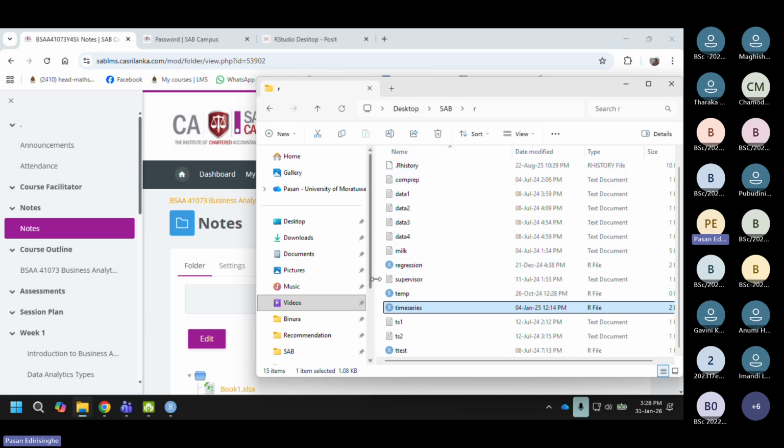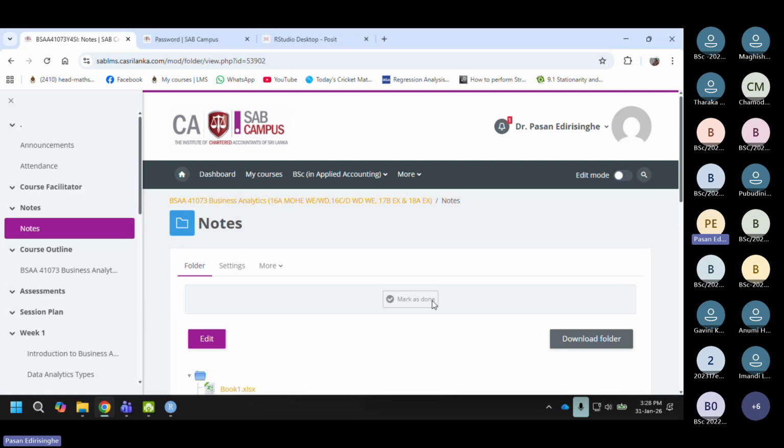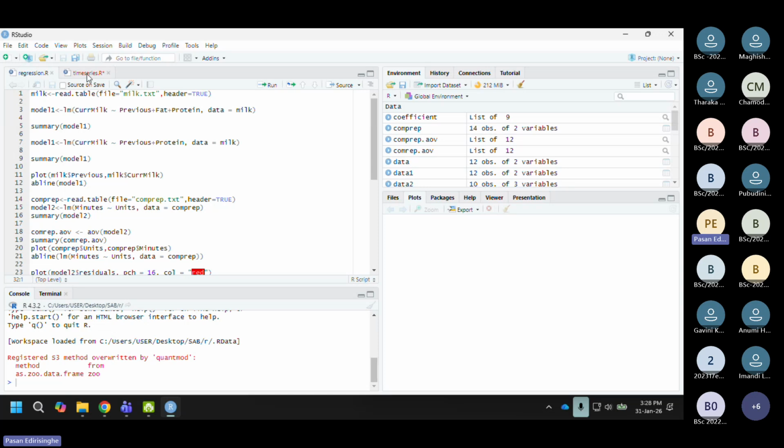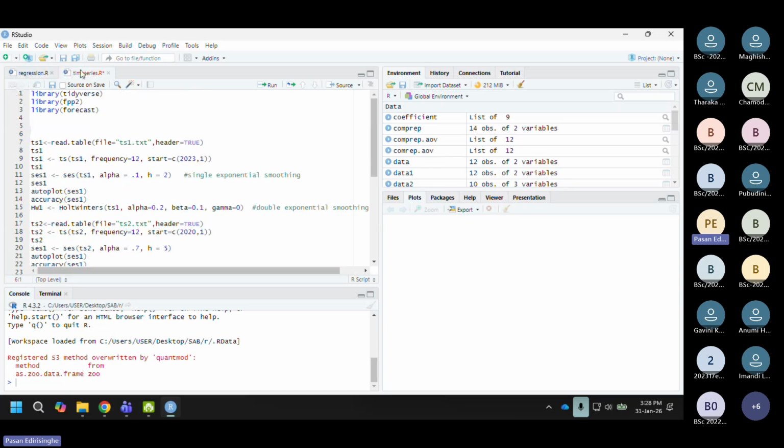Once you have them, double click the R file and it will open like this. These are the two files I have, regression and time series.